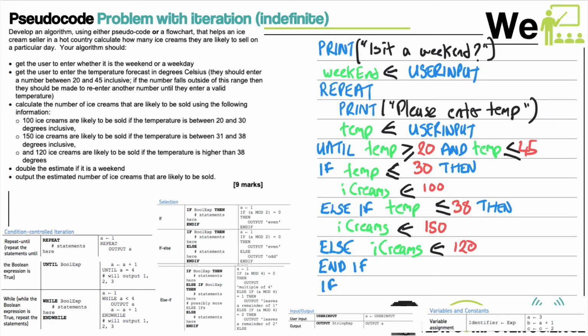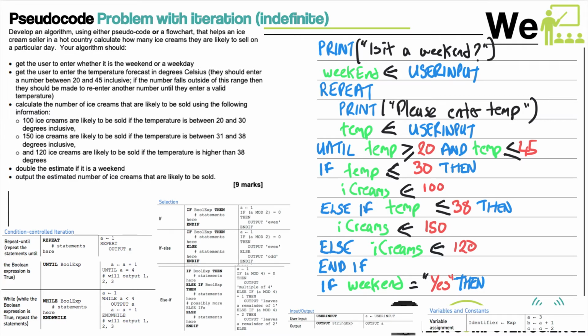If weekend. Remember this is the thing we did right at the beginning. If it's the weekend, we should double it. So if weekend equals yes, then, did it say we had to double it? Yeah, I think it did.